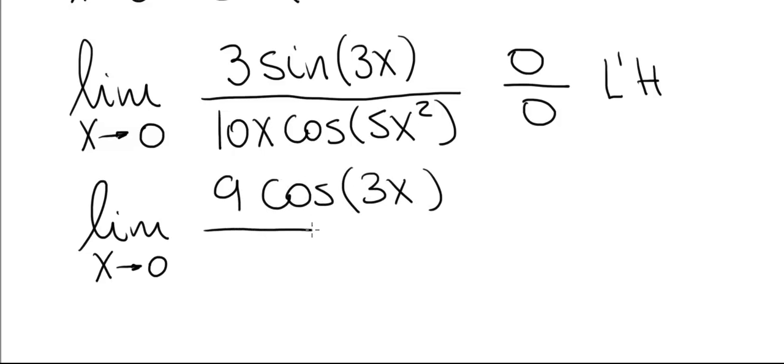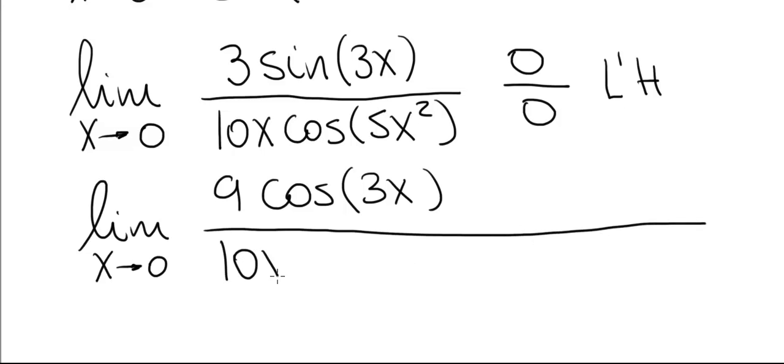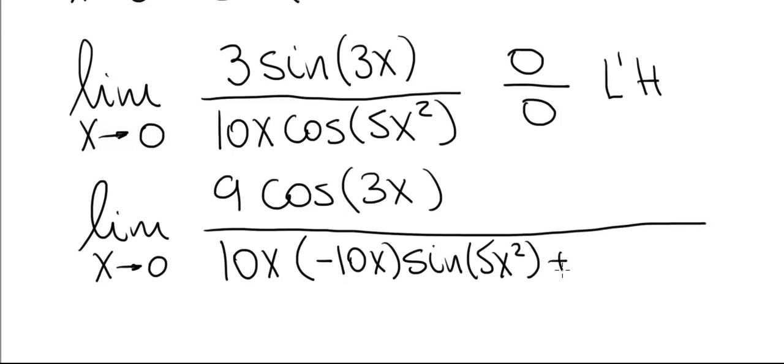And to take the derivative of the denominator, we'll need to use the product rule. So it is 10x times negative 10x times sine of 5x squared plus 10 times cosine of 5x squared.